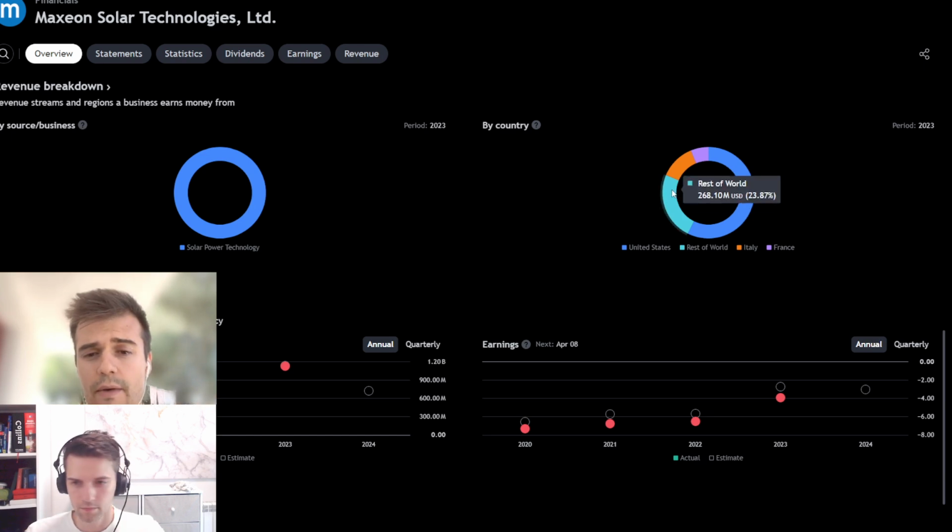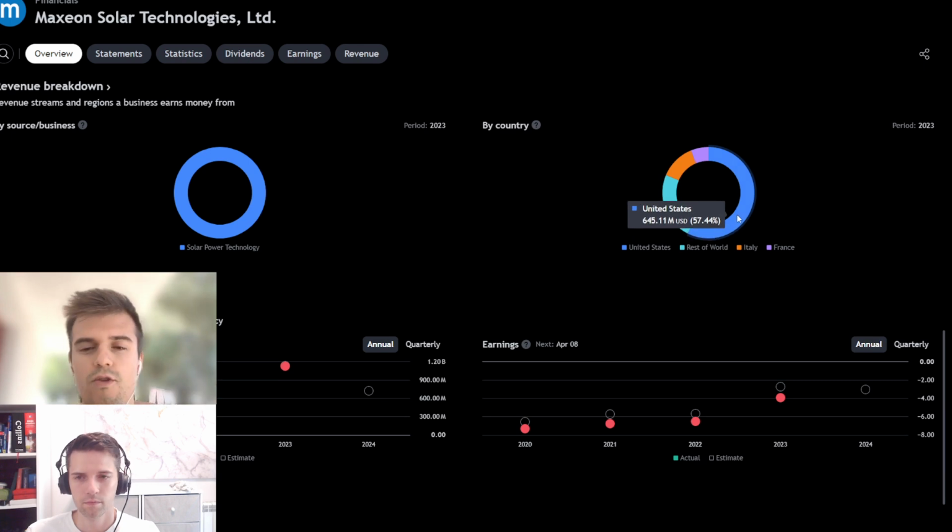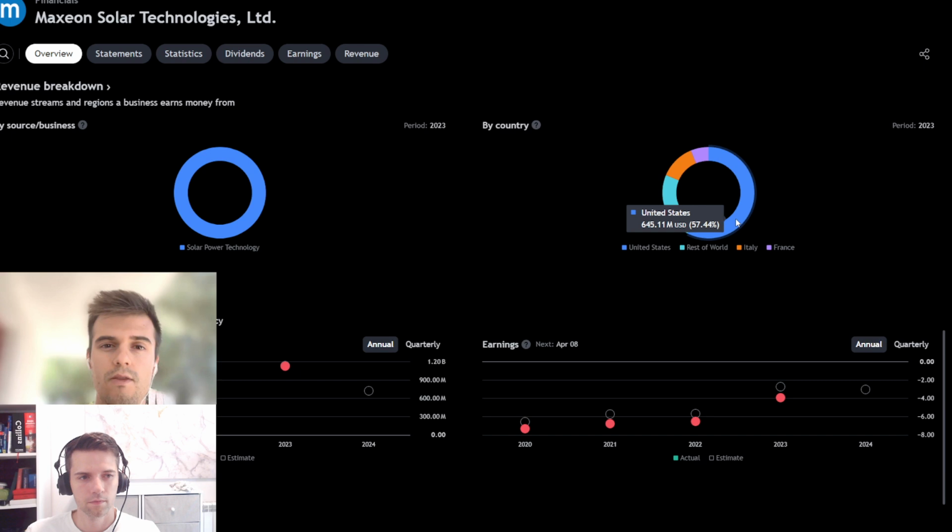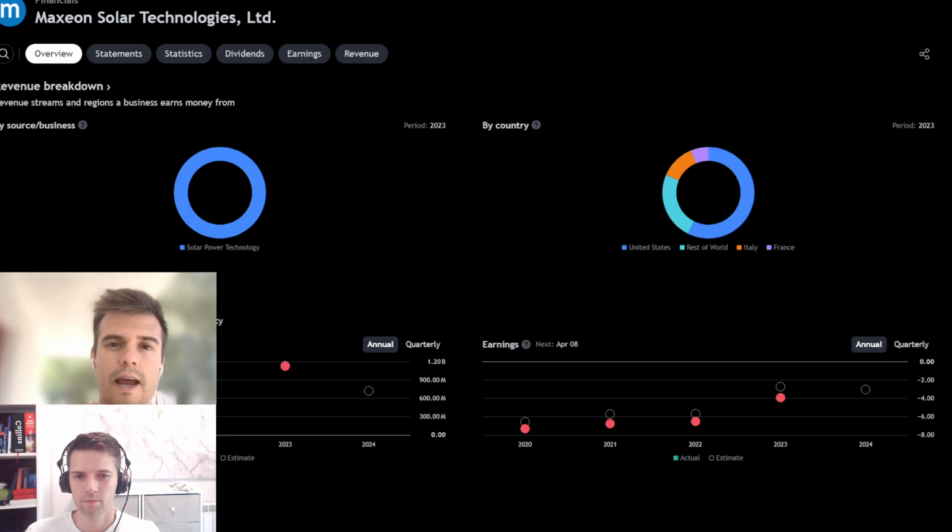But the key area here is that the majority of Maxeon Solar Technologies operations are held in the United States. So if we take into account the context of that country, it could help us know how this company could develop, at least the sector of this area, in that particular country where the majority is being worked.